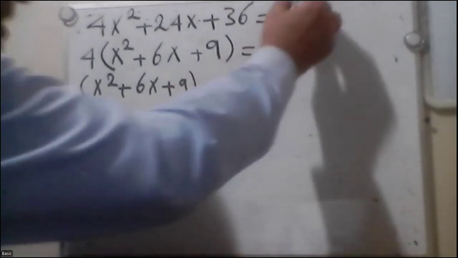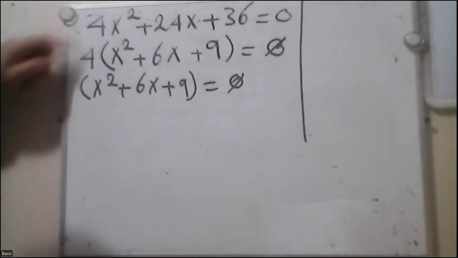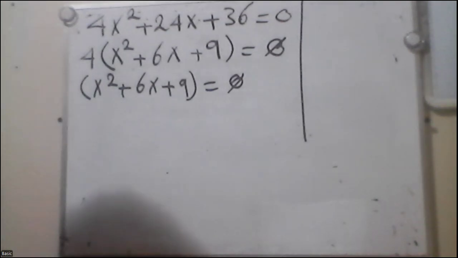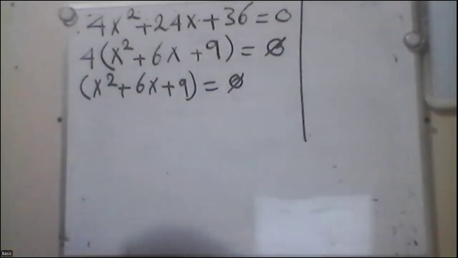What is the data which is given here? In ax squared plus bx plus c, how much is the coefficient of x here? It's 6.